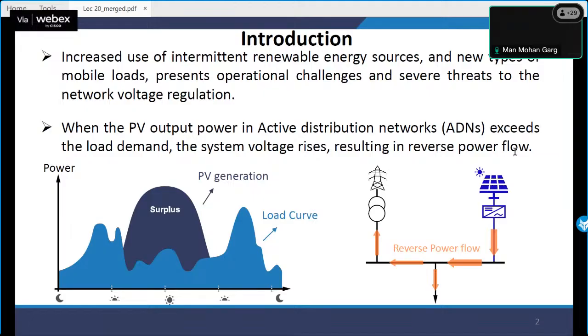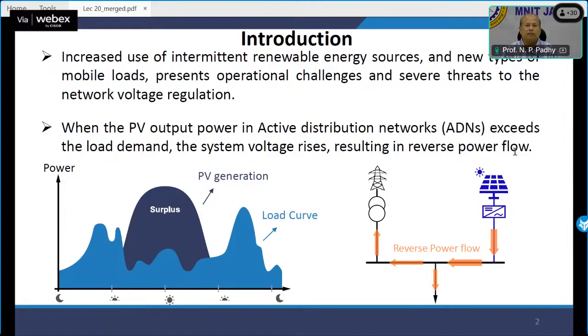So it is equally important that the PV generated energy available to us during day hours needs to be moved to the evening peak. How they can be moved, as I told you, either we can bring those customers to the PV dominant duration or store the PV generation in the form of a battery and try to discharge during load hours. So these are the two solutions available to me.